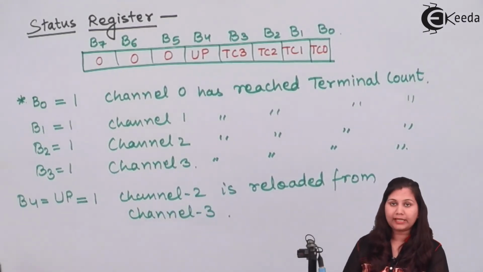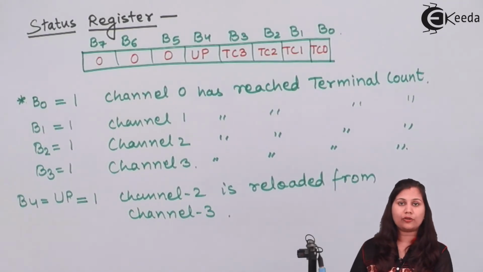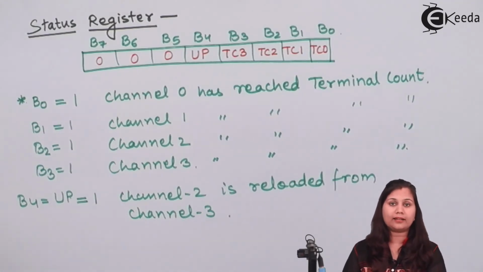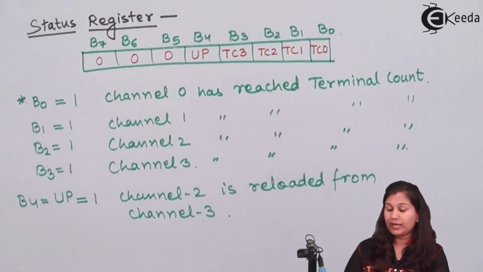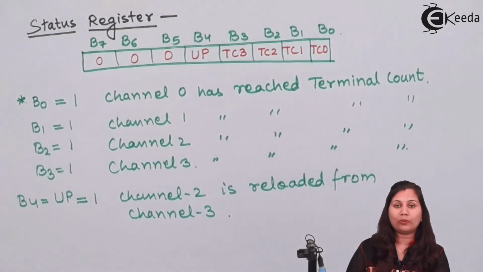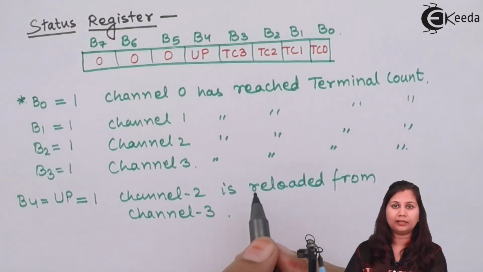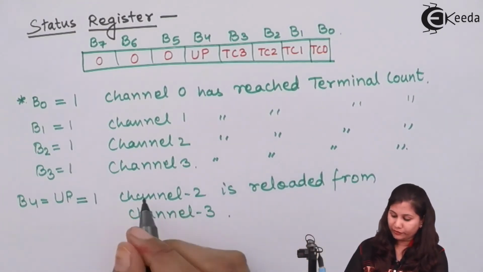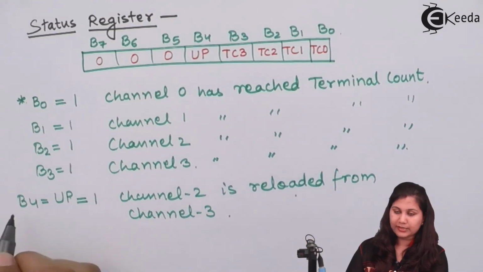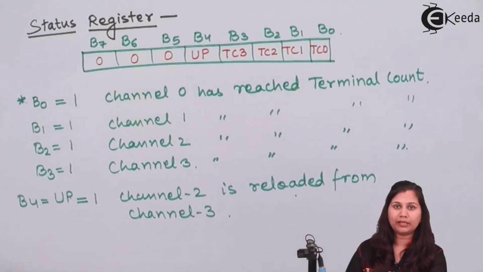So this bit indicates whether the contents of the count and address registers of channel 3 are copied into channel number 2. If it is reloaded, then this bit will be 1, otherwise it will be 0.